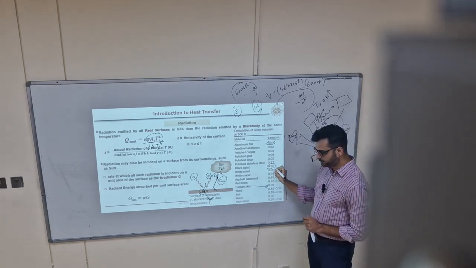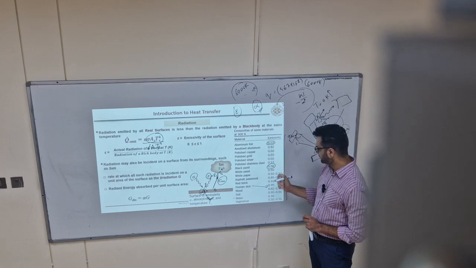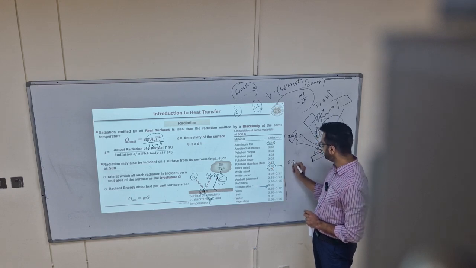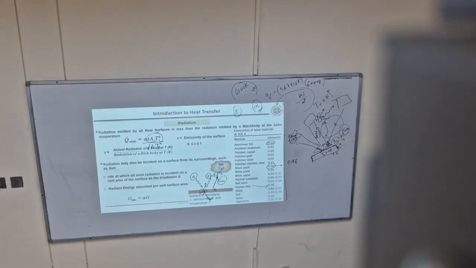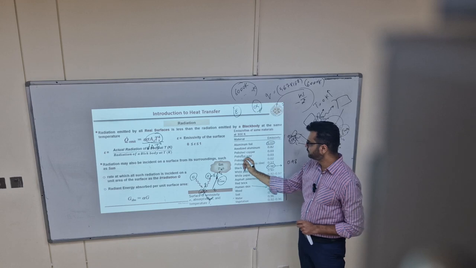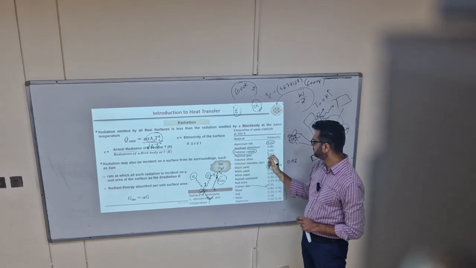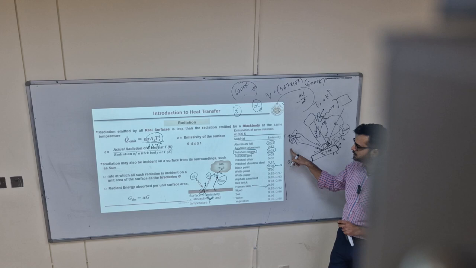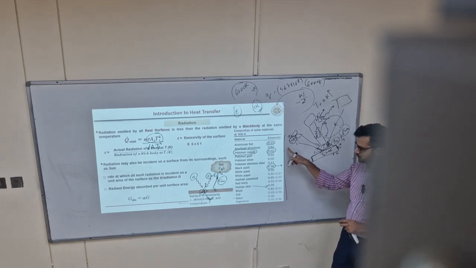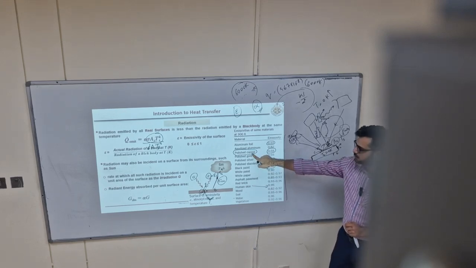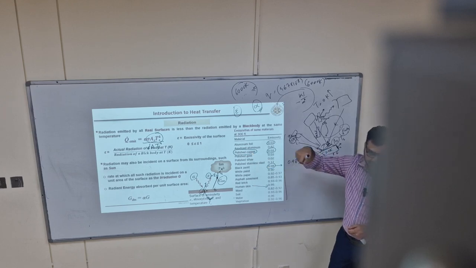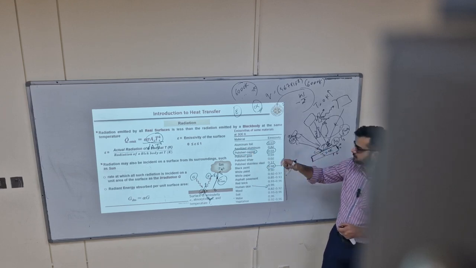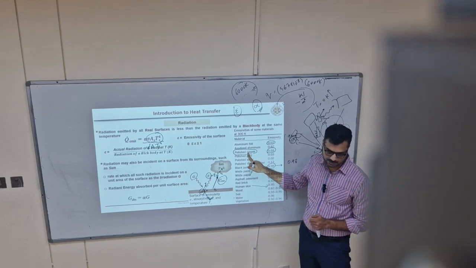For example, black paint is one example which has the same emittance and same absorptance, right? Polished copper has very low emittance. It also has very low absorptance. That's why in all those solar-based applications where we are using copper, we have to paint it black. If you do not paint it black, it's a poor absorber of solar radiation.